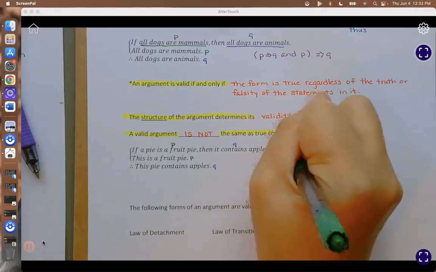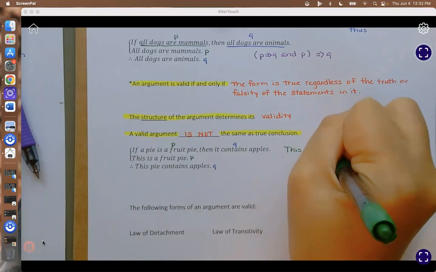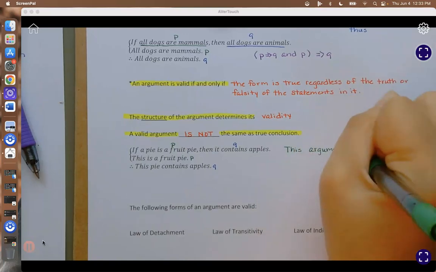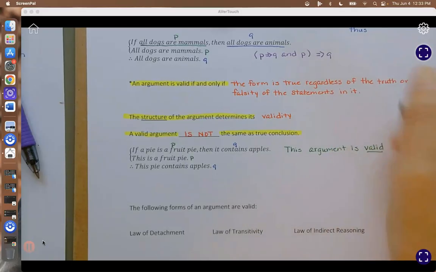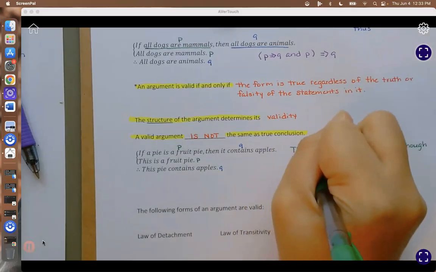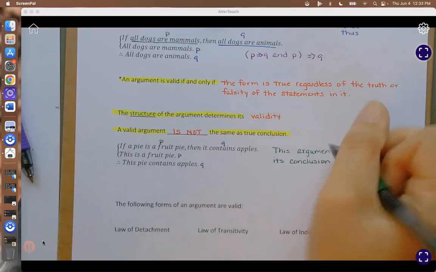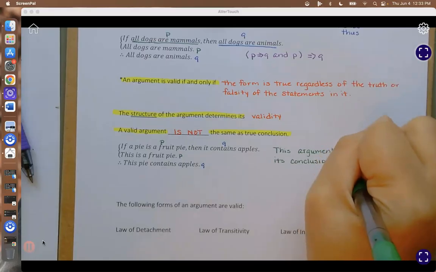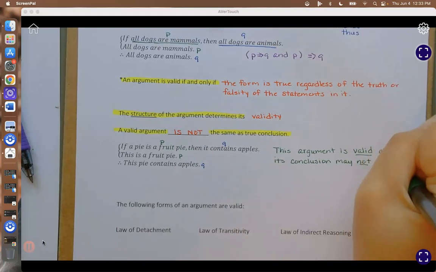This argument is valid, although its conclusion may not be true.